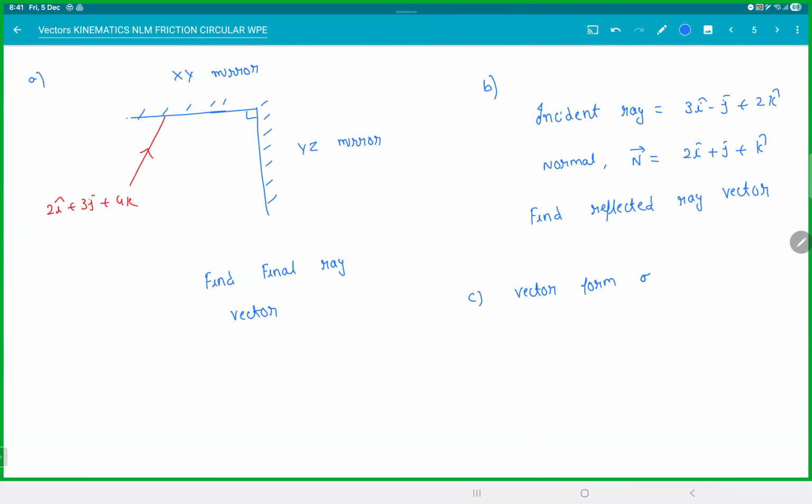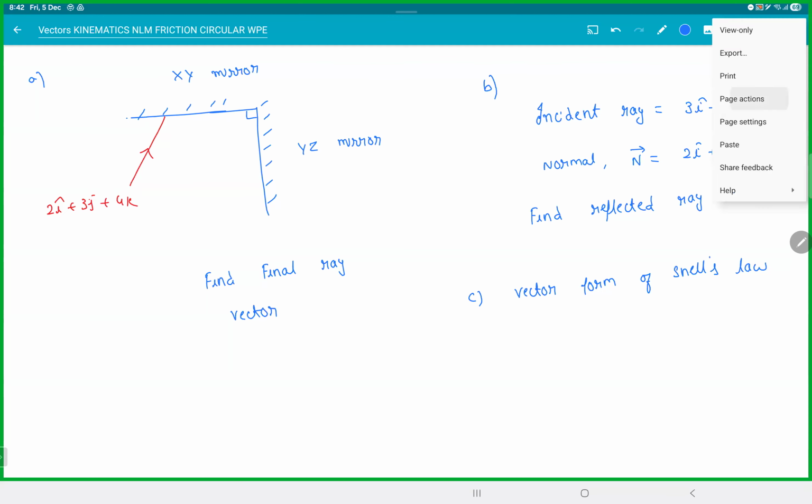Give the vector form of Snell's law. How to do that?